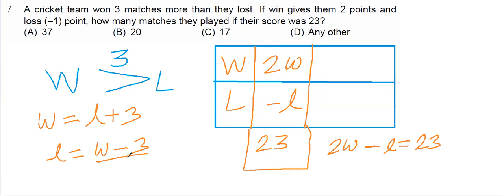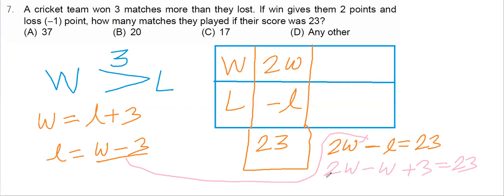So substitute the value of W minus 3 over here. It will be 2W minus W plus 3 is equal to 23. When you solve this, the answer for W will be 20. And what they have asked is how many matches they played if their score was 23.